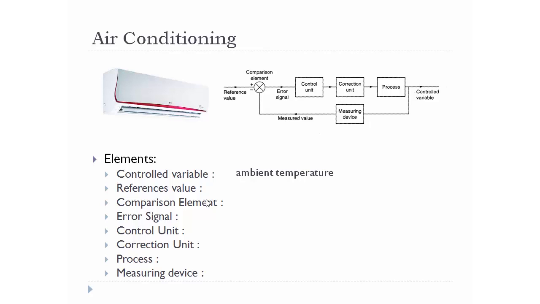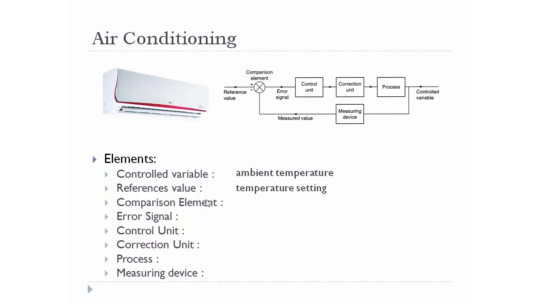The control variable is actually ambient temperature. Now, what is the reference value? I believe when you turn on the air conditioner, you normally set up the temperature. The temperature that you set up is actually the reference value. Then the comparison element is a thermostat.